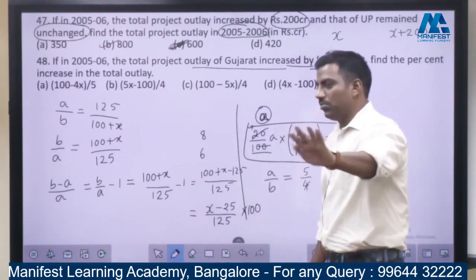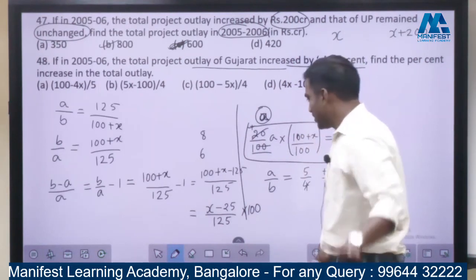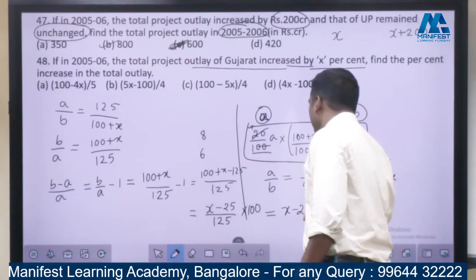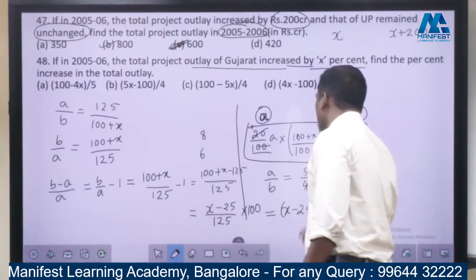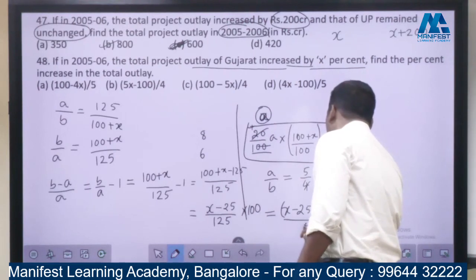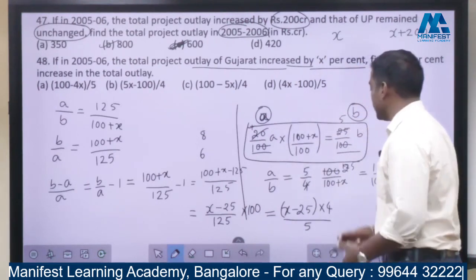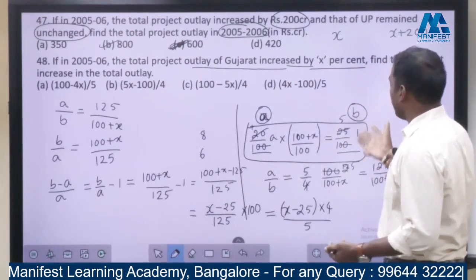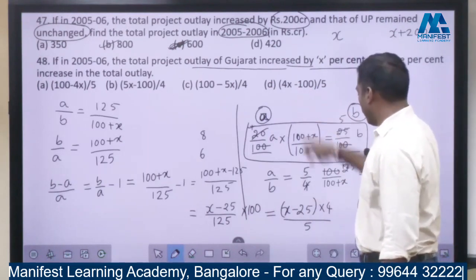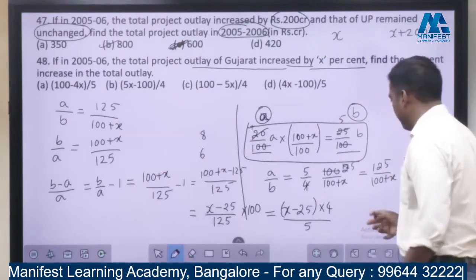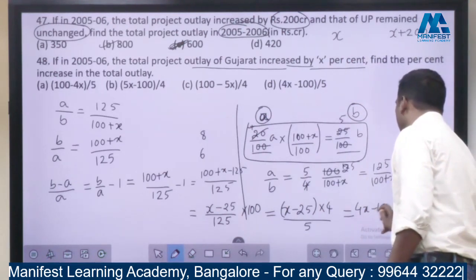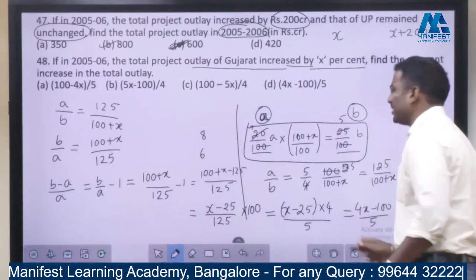Okay, so this is X minus 25 into 4 by 5. This is the percentage change. If I multiply here, 4X minus 100 divided by 5. This should be the answer.